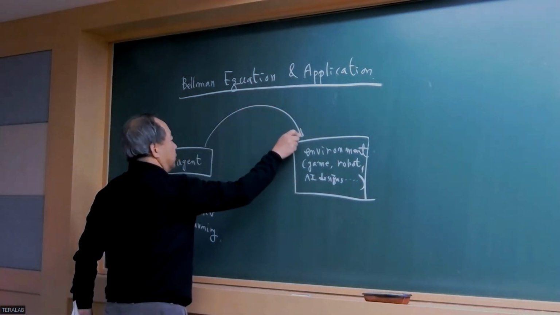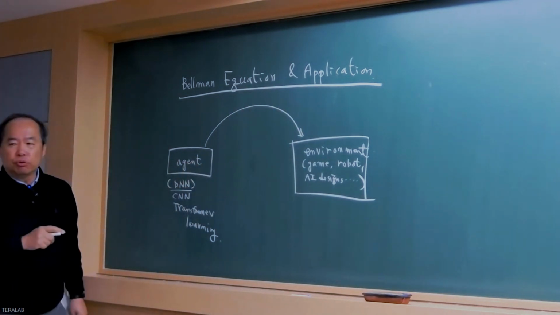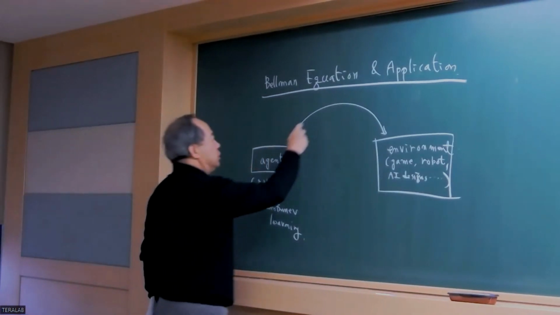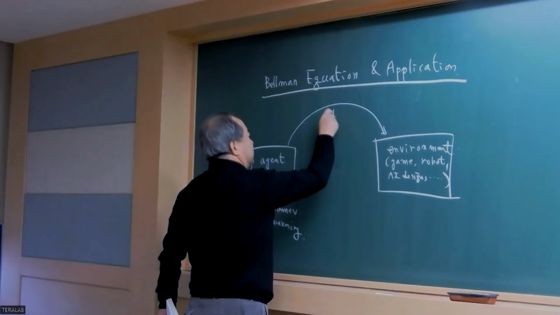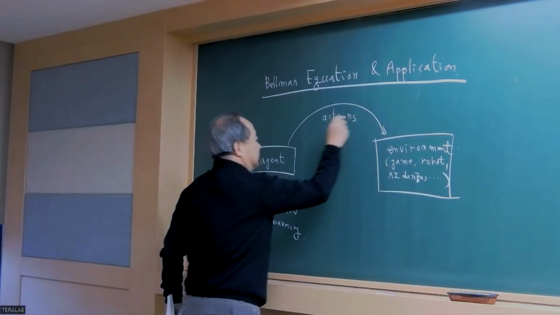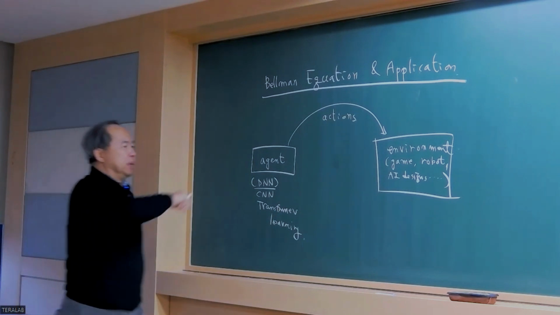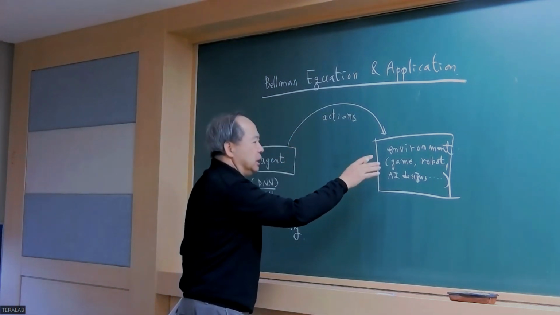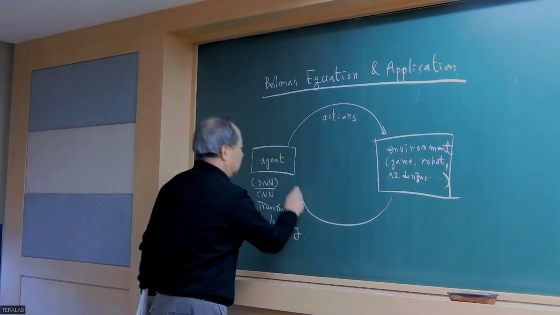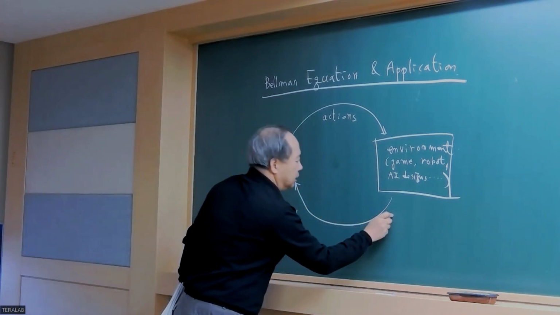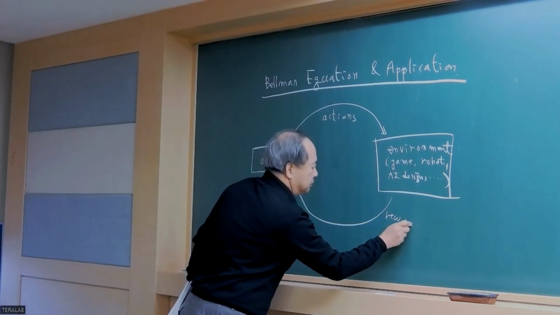If you have an agent who makes the best decision, they usually decide the actions. If you apply certain actions in the environment, you're gonna obtain reward.